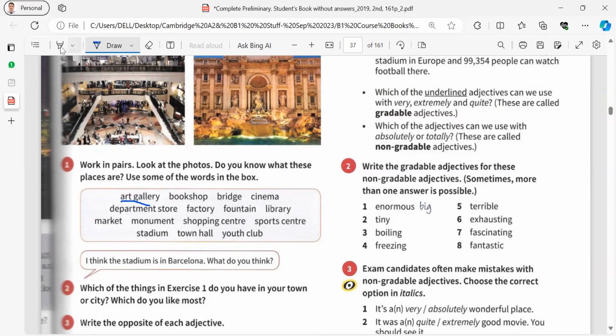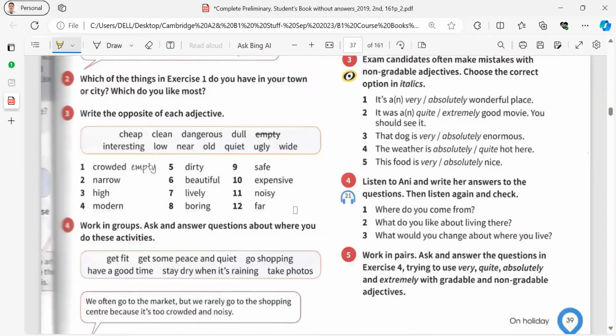Yes, we have a stadium, but I don't really like it. Okay, why don't you like the stadium in your city? Because if I go to the match, there's a lot of people and it's annoying and I don't really like it. You mean it's noisy? Really noisy.